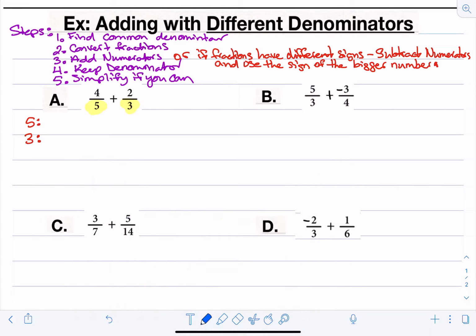Well, for 5, multiples would be 5, 10, 15, 20, 25, and so on. Okay? 3's multiples would be 3, 6, 9, 12, 15, 18, and so on. Okay, so essentially it's going to be 5 times 1, so this is going to be times, oops, let me do it with a different color.